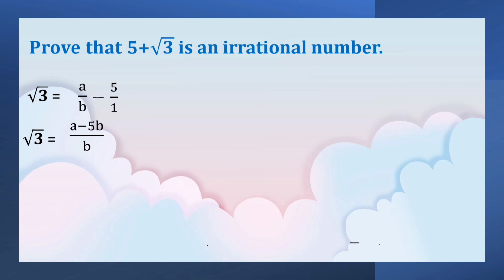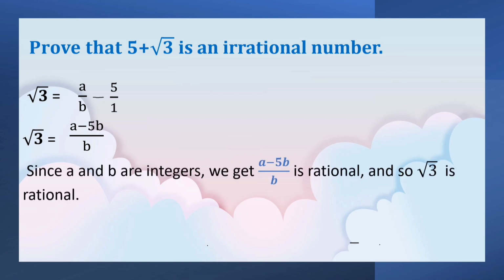So root 3 is equal to a minus 5b by b. Since a and b are all integers, you know, isn't it? We get a minus 5b by b is rational.